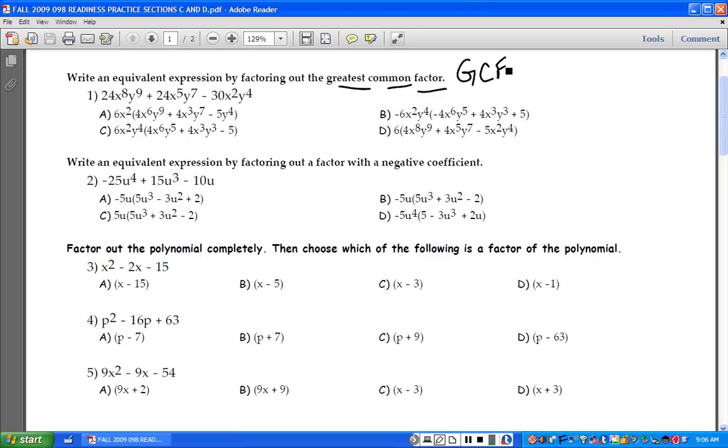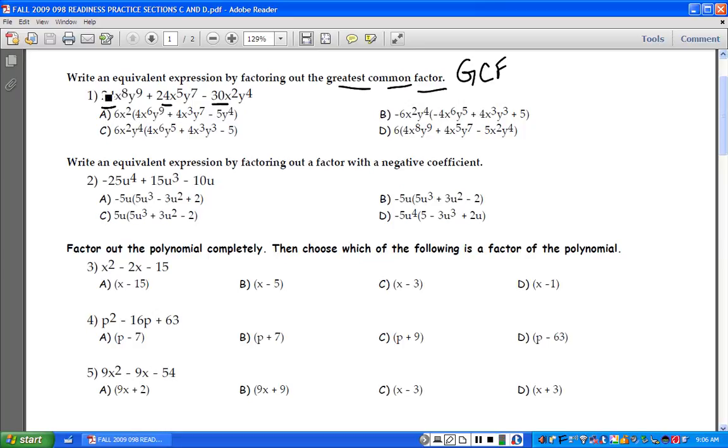Basically all they're wanting to know is, if we're looking at problem number 1, first of all, let's look at the coefficients. Coefficients being the numbers out in front of the variables. What we want to do is see if there is one number that goes into each one of these coefficients.